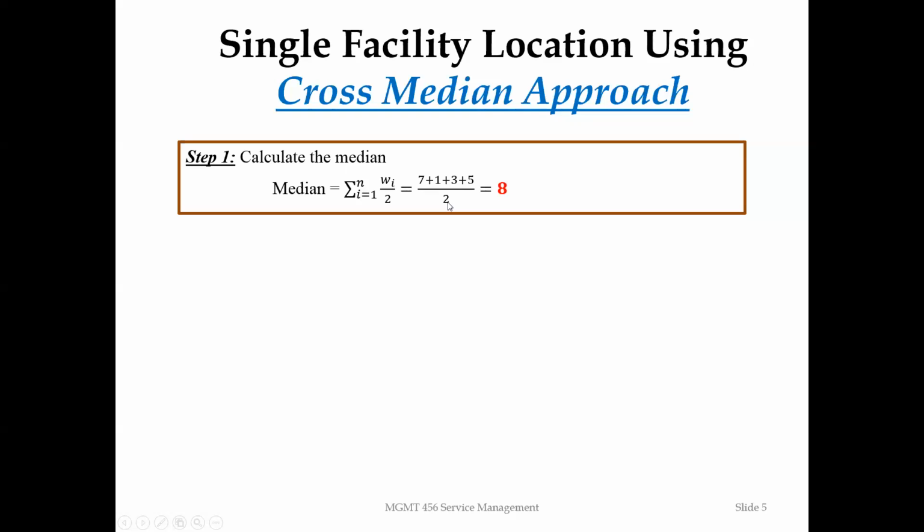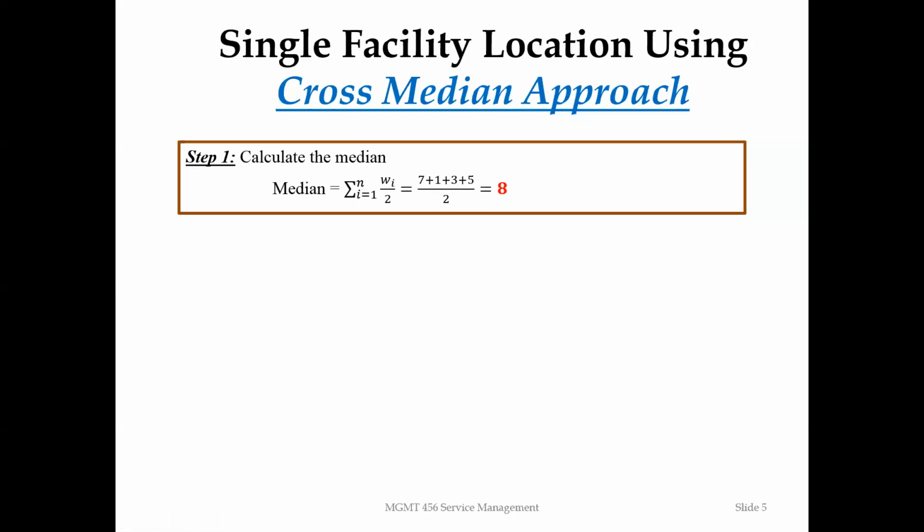Be careful: when we talk about median, we're not talking about average. A common mistake is to divide the total weights by 4 because people try to take an average. Don't divide by 4. If you divide the total by 4, that means you are taking the average. Here, we are calculating the median value.